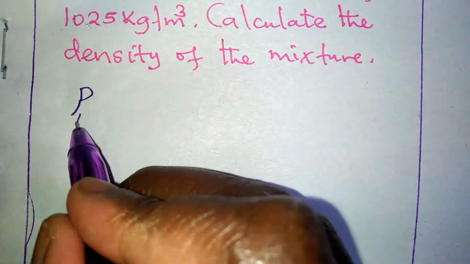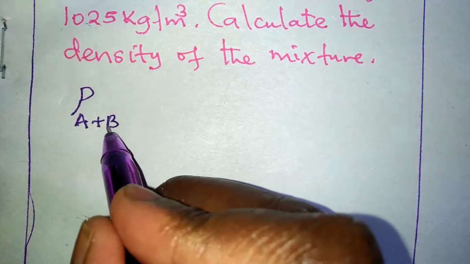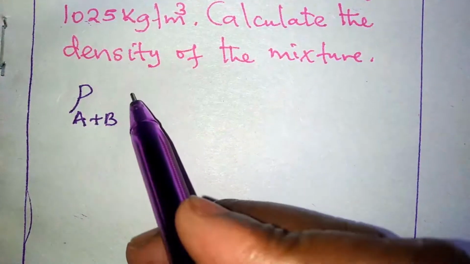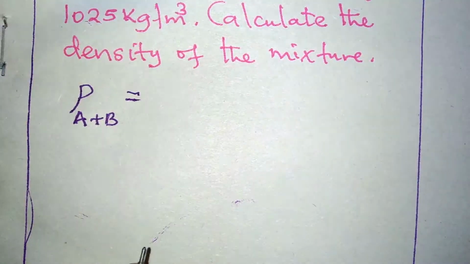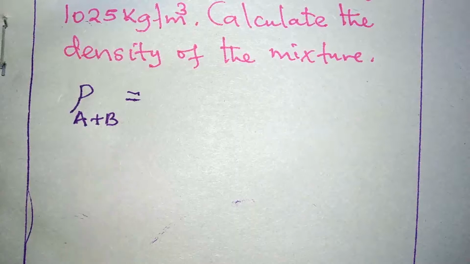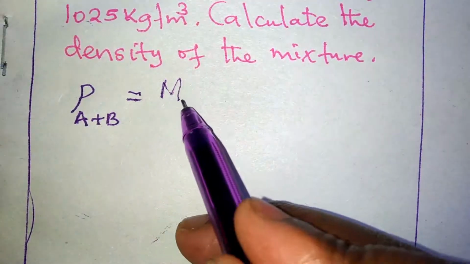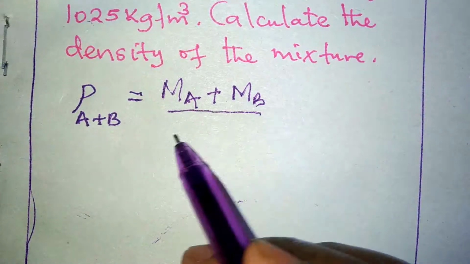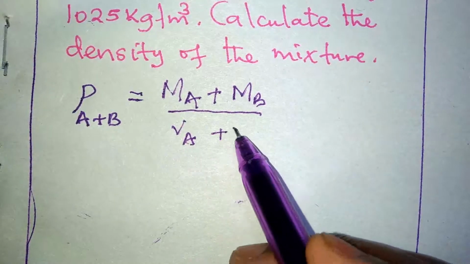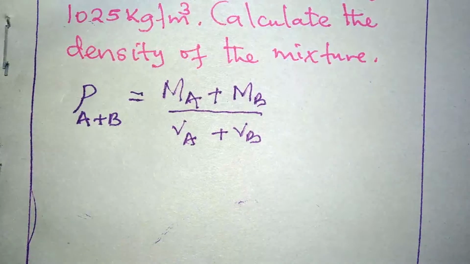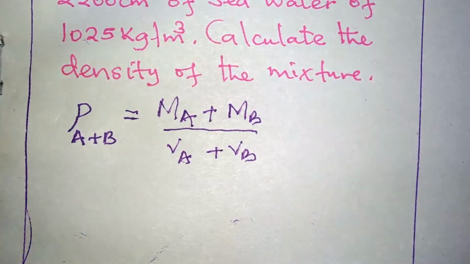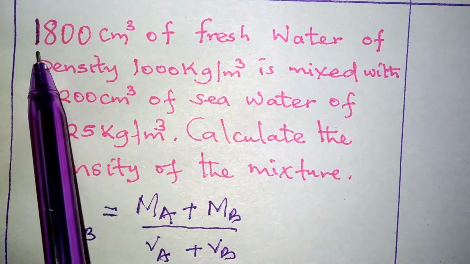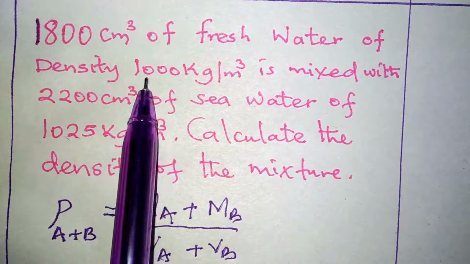We said that if you want to get the density of a mixture of substance A and substance B together, you write it as the mass of substance A plus mass of substance B over volume of substance A plus volume of B. Now, when you look at the question we have here, we are given the volume and the density.